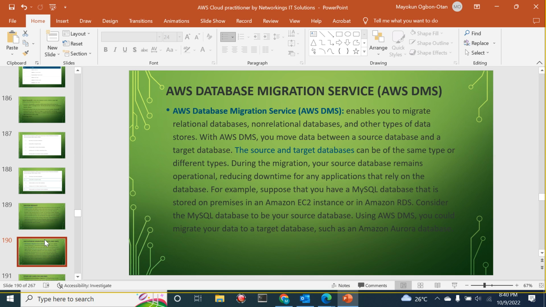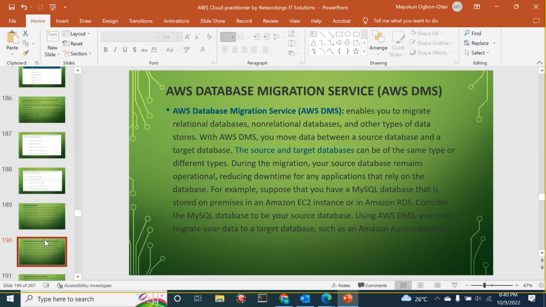AWS Database Migration Service enables you to migrate relational databases, non-relational databases, and other types of data stores. With AWS DMS, you move data between a source database and a target database. Who can tell me what you think they mean when they say source database and target database?